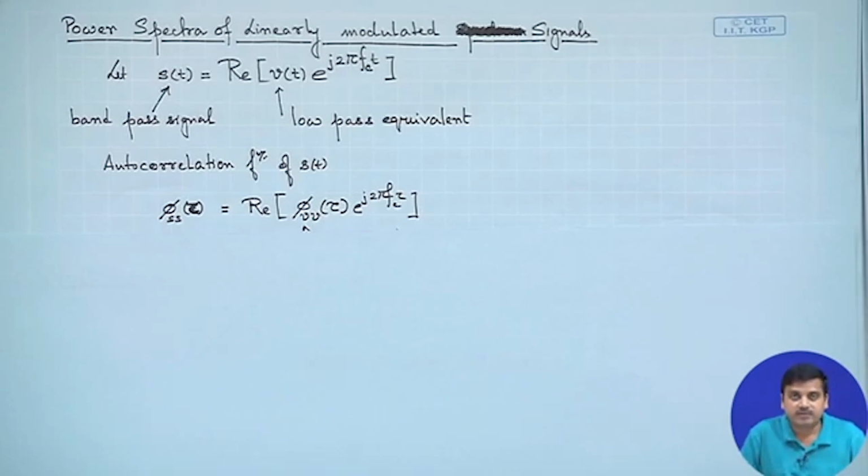We derived in detail the relationship between the pass band and the low pass equivalent representation of the autocorrelation function, and we identified that it looks very similar to the relationship of the low pass equivalent representation of the signal and its corresponding pass band. So, for the signals, whatever relationships we have from low pass to band pass, we have similar relationships for the autocorrelation of the narrow band stochastic process, its equivalent representation as well as the band pass of that.